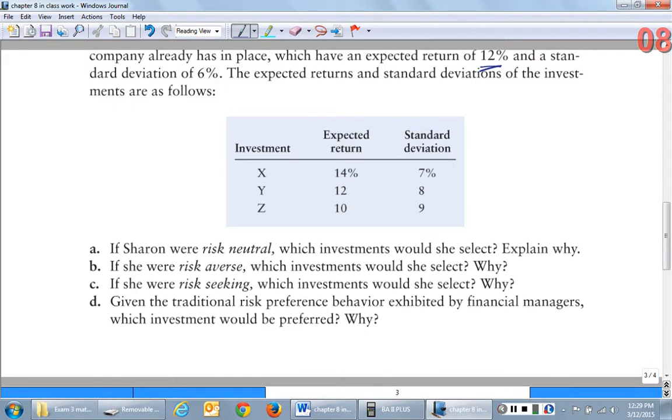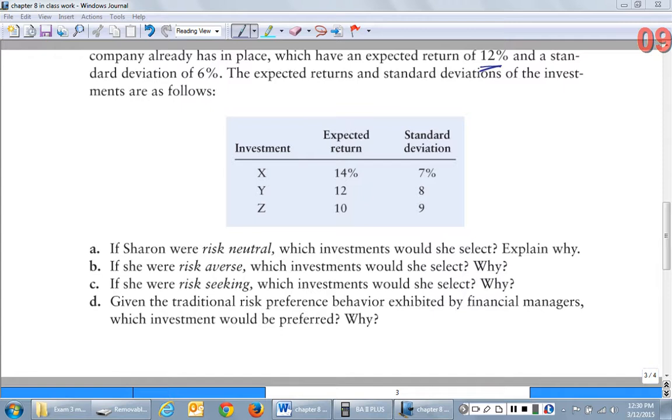If she were risk averse, that means that she would want the highest level of return for a given level of risk, because she wants to maximize the return-risk relationship.